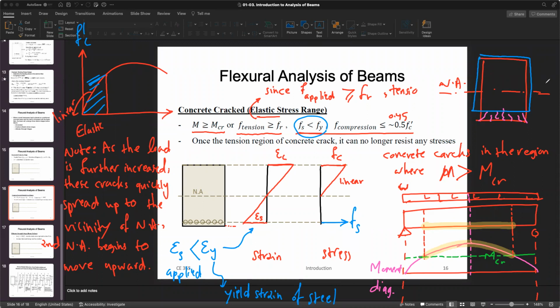So for this one, the neutral axis is going to go a little bit higher as the cracks move higher. It pushes the neutral axis even higher.